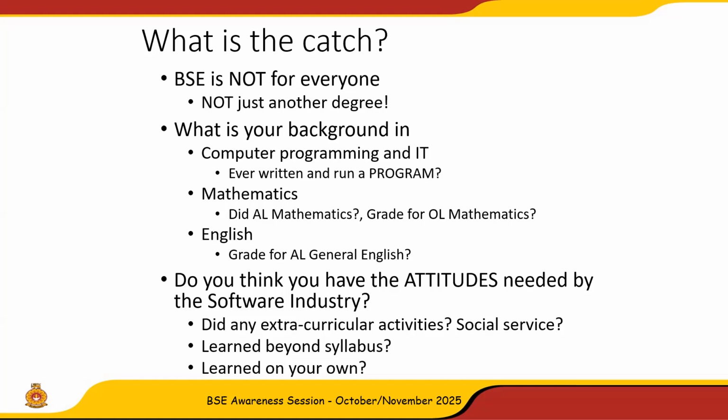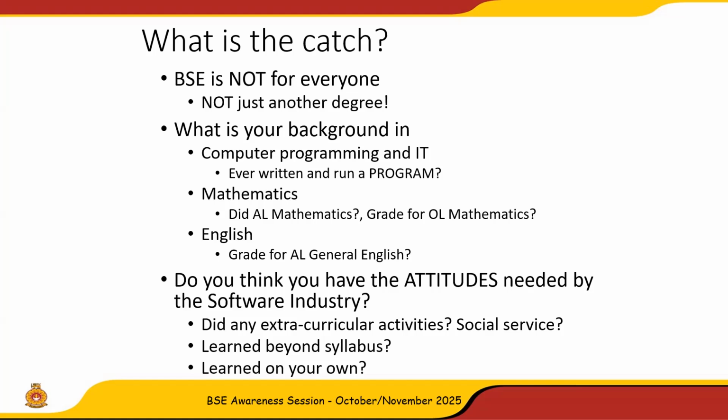In addition to your background, you have to think about your attitudes. Do you have the attitudes needed by the software industry that I just mentioned? For example, have you done any extracurricular activities when you were in school? Did you participate in social service, either through school or through your religious community? Did you learn any subject in school beyond the syllabus?